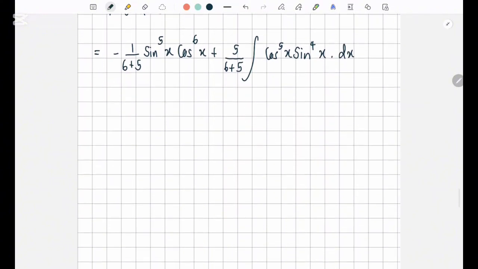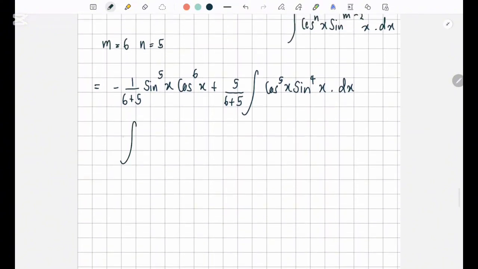So we can go on doing this. So now we need to find cos x to the power 5 and sine x to the power 4.